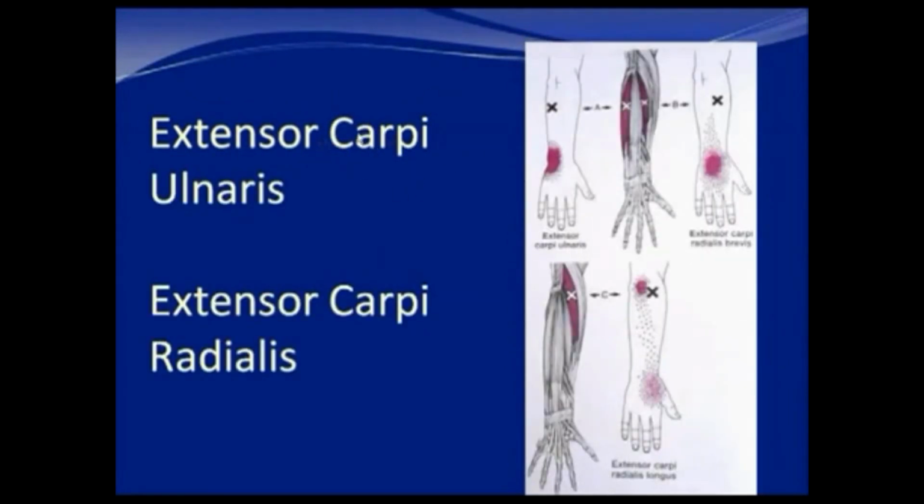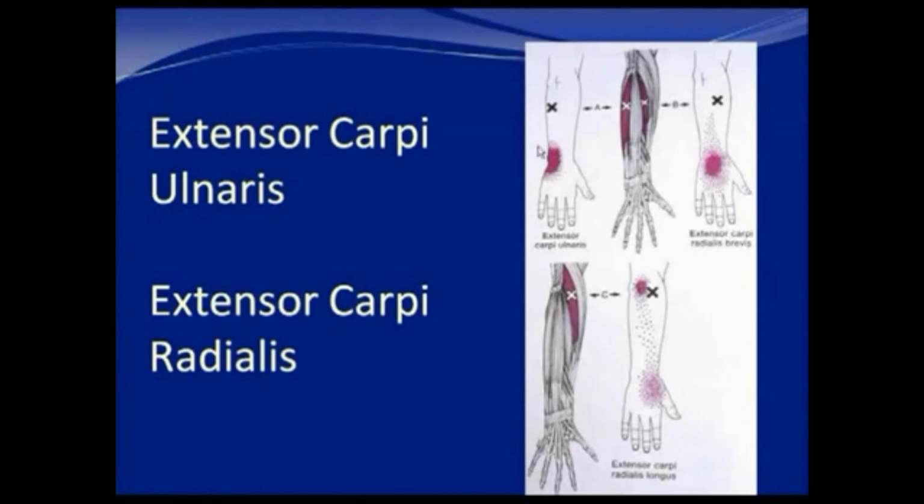Then we have the extensor carpi ulnaris that runs along the ulnar side here, and, I should say, gets irritated when you have a lot of ulnar deviation, and you find the trigger point here.